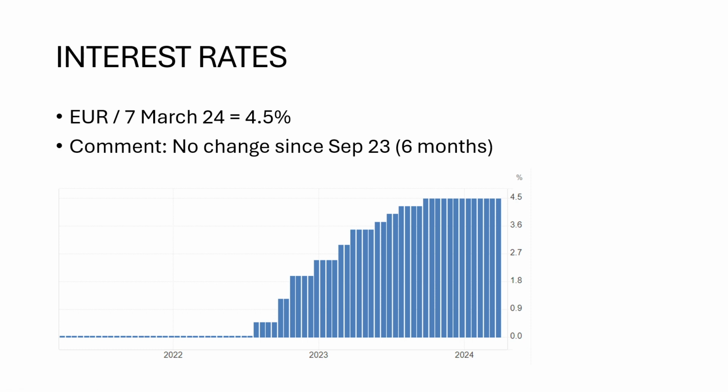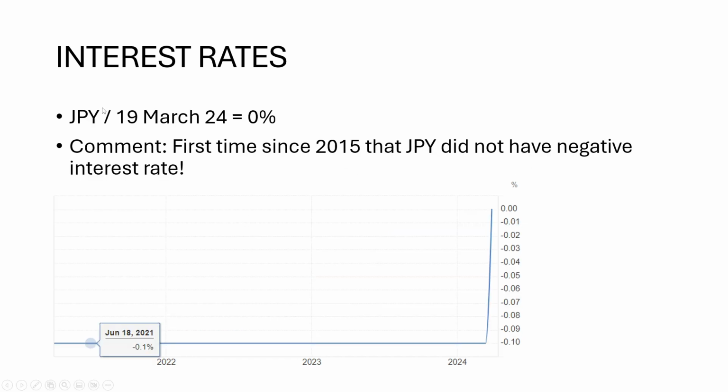So yeah, the economy's not doing too well. And then the yen, where basically this is the first month where it has not been negative 0.1, but we'll speak more about that a bit later.